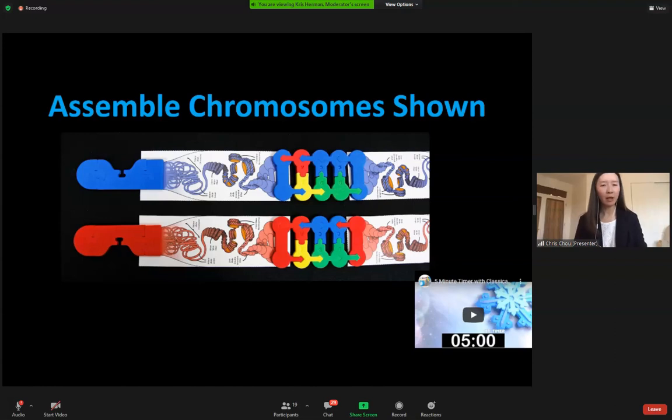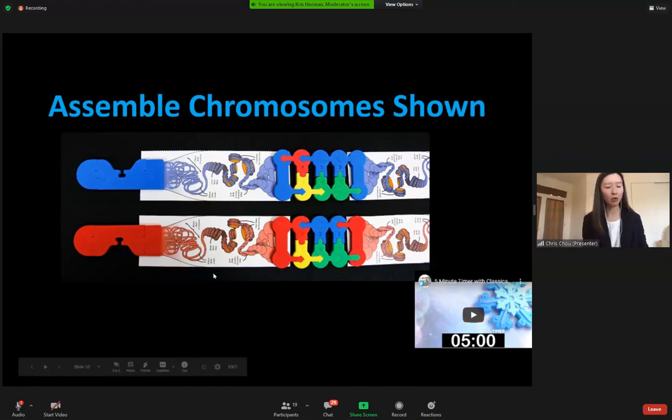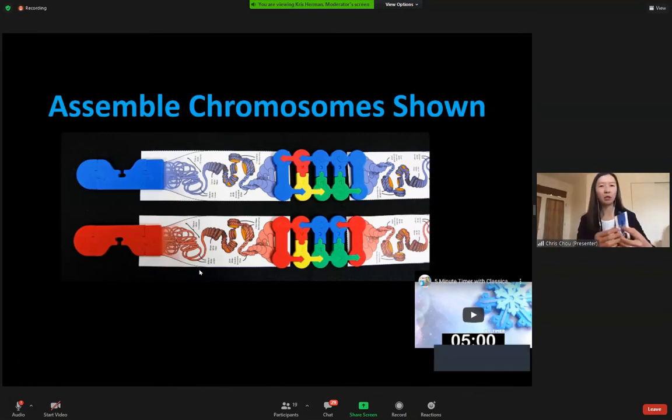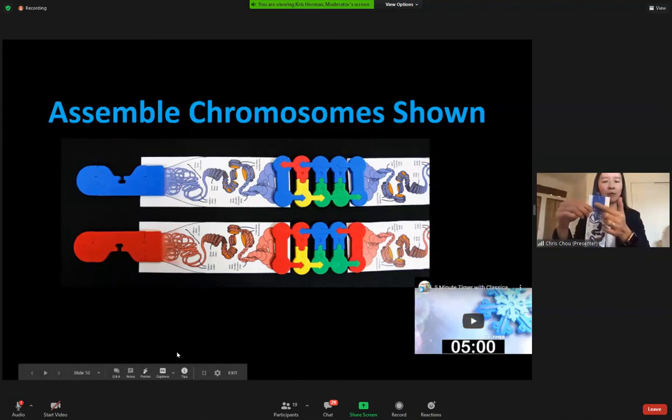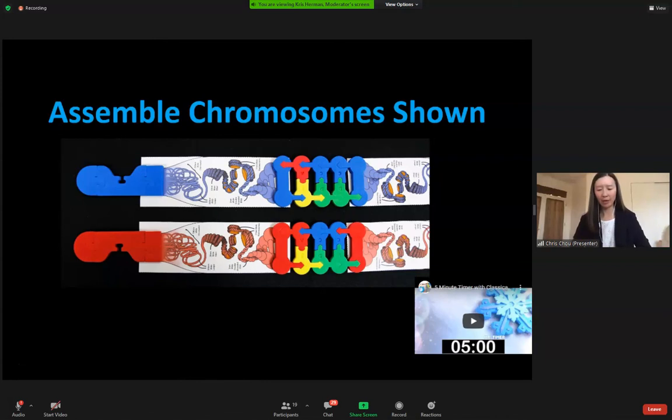On the left, there are large chromosome structures connected to some linker parts. These linker parts don't come attached to the paper, so I just used Elmer's glue and glued them in there. Same thing for the other side: you'll glue on those linker pieces.